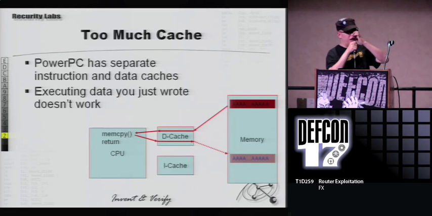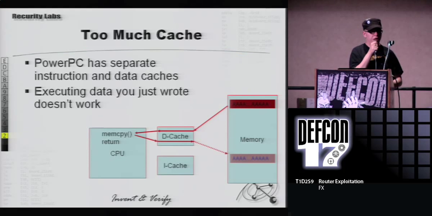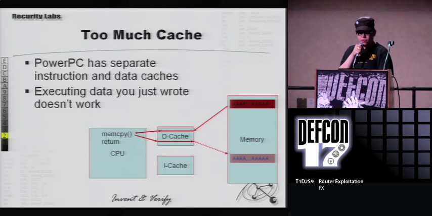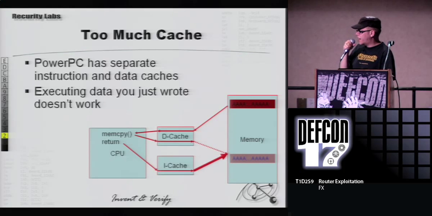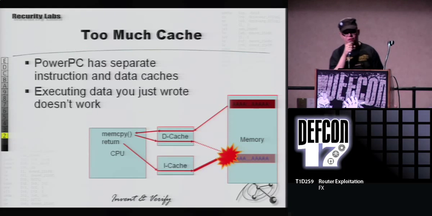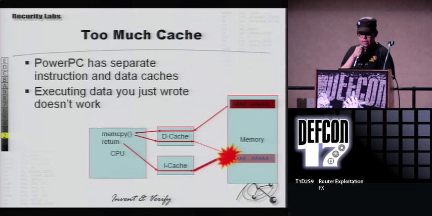Now you don't actually have much time between you overflowing the buffer and you trying to jump into executable code. So this cache actually doesn't get flushed. So if you jump there, it's actually trying to execute what used to be on that position before you wrote, which sucks because you want to run your own stuff.